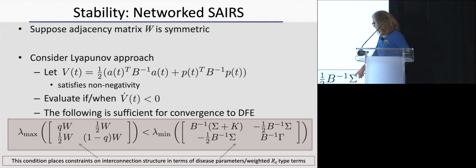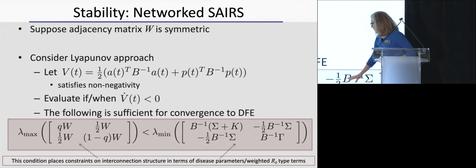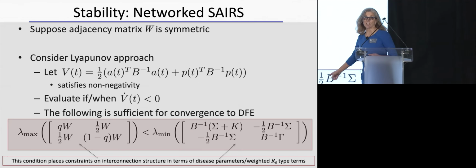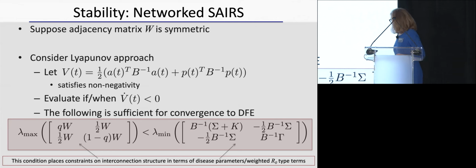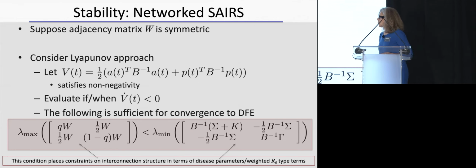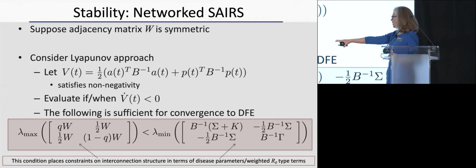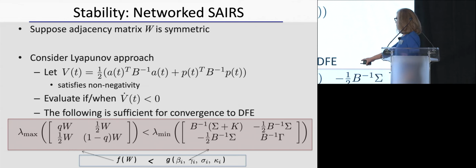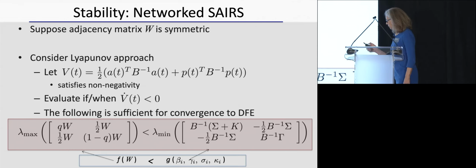These are basically block diagonal matrices of weighted basic reproduction type number values. Again, we have a spectral condition on our adjacency matrix that we need to meet that's based on values of the disease parameters if we want to guarantee convergence to the disease-free equilibrium. So as we said in the beginning, we're looking for some function of the adjacency matrix in terms of the disease parameters.